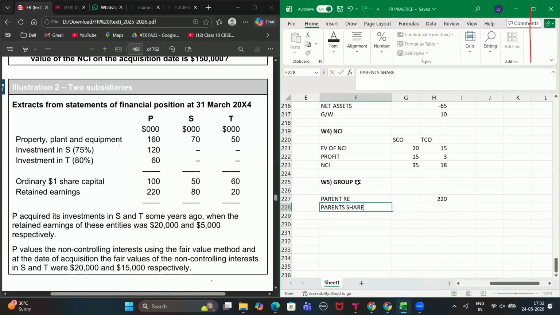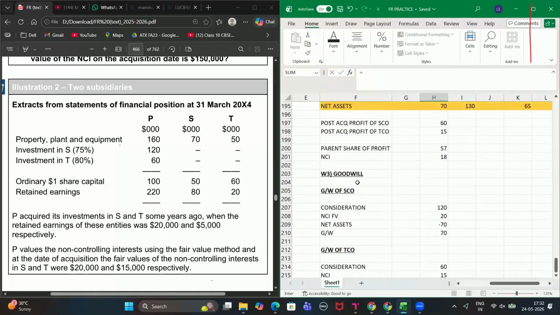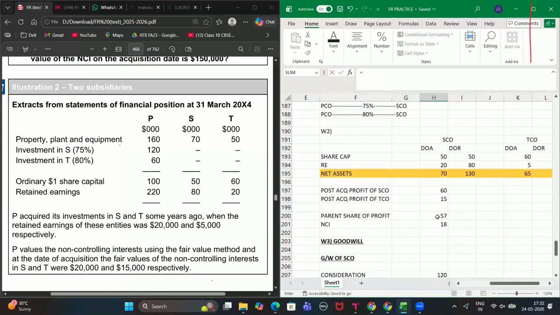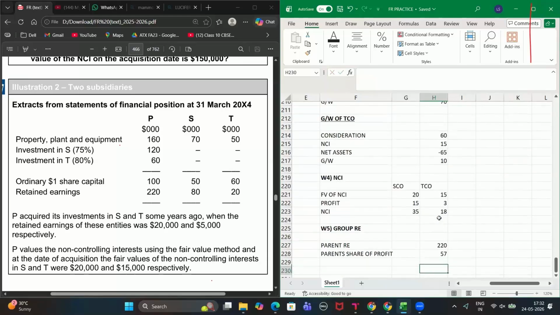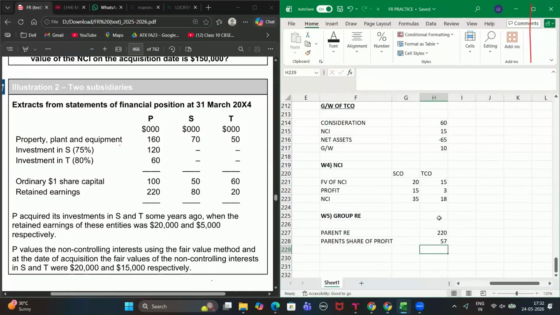We have parent's share of profit. How much is it? We have already found it out. 57. Anything else? No, right? So sum. So what is it? 277. That is group retained earnings.